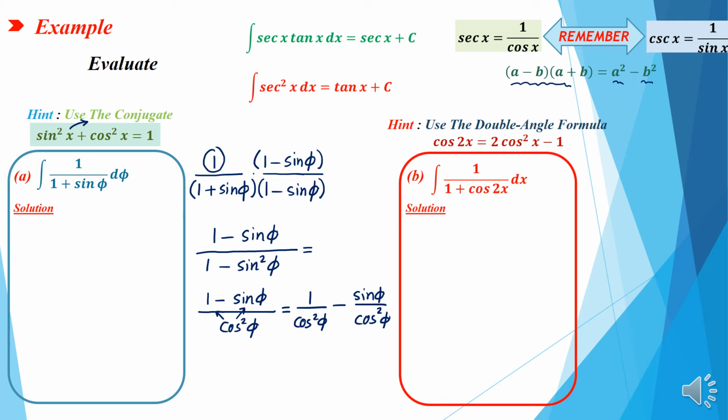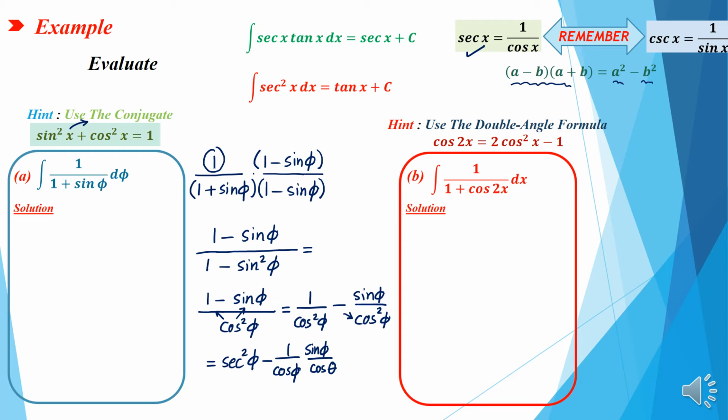Now as you know, 1 over cosine is secant, which means 1 over cosine squared equals secant squared of phi minus, here you have to rewrite cosine squared as cosine times cosine, and you will get 1 over cosine times sine of phi divided by cosine of phi.